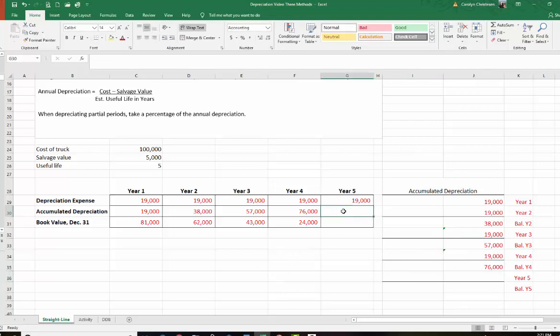Now in our last year, we have accumulated depreciation, same, last year plus this year, up to $95,000. Our book value is equal to cost minus accumulated depreciation, or $5,000. We put our annual depreciation here, and we see that our accumulated depreciation is $95,000 and our book value is $5,000.